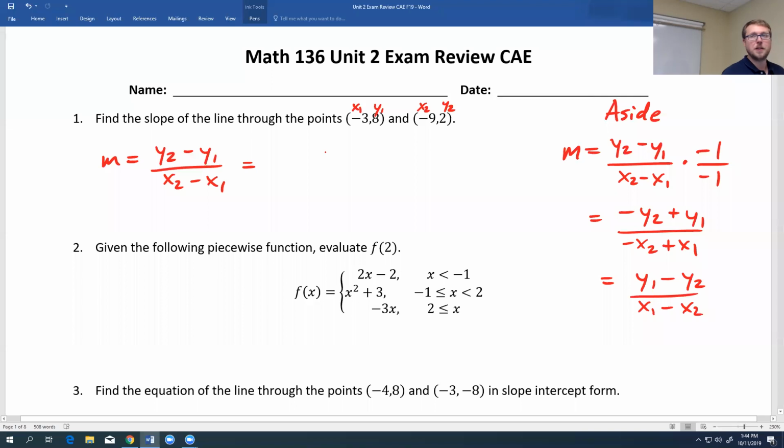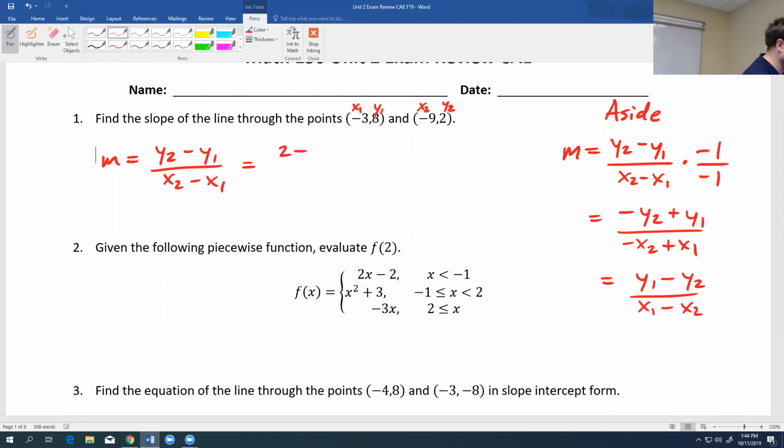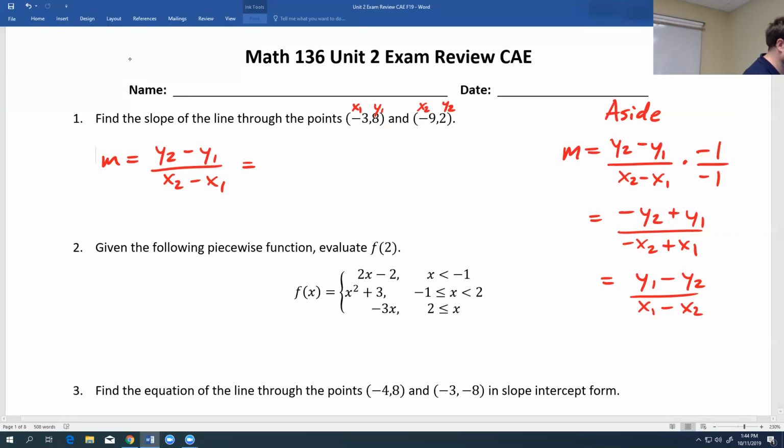So for some people, it helps if you kind of label those. I think I used to do that. So on top, I'm going to have 2 minus 8. And raise your hand if you've ever had issues with getting your signs right. So maybe going an extra step here, instead of just putting the numbers down, I'm going to write parentheses minus parentheses over parentheses minus parentheses. Then I have 2 minus 8 over negative 9 minus negative 3.